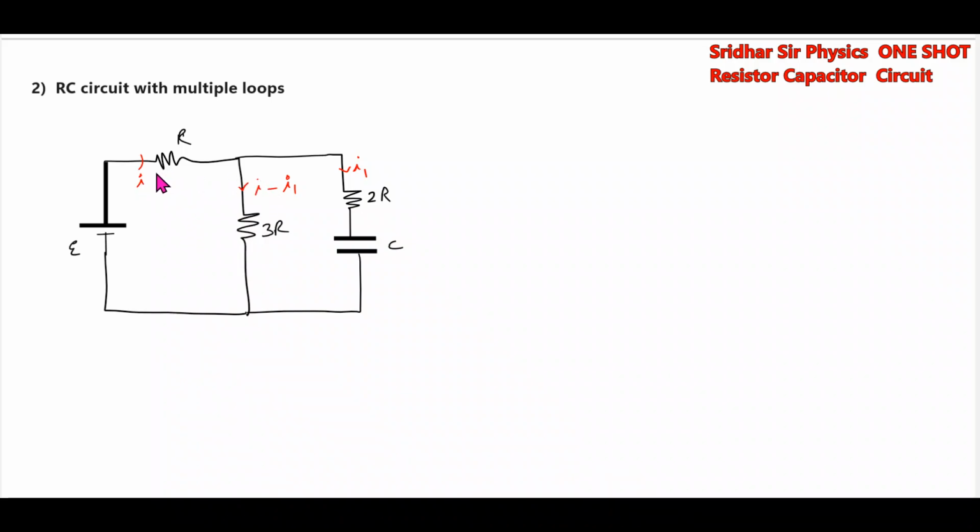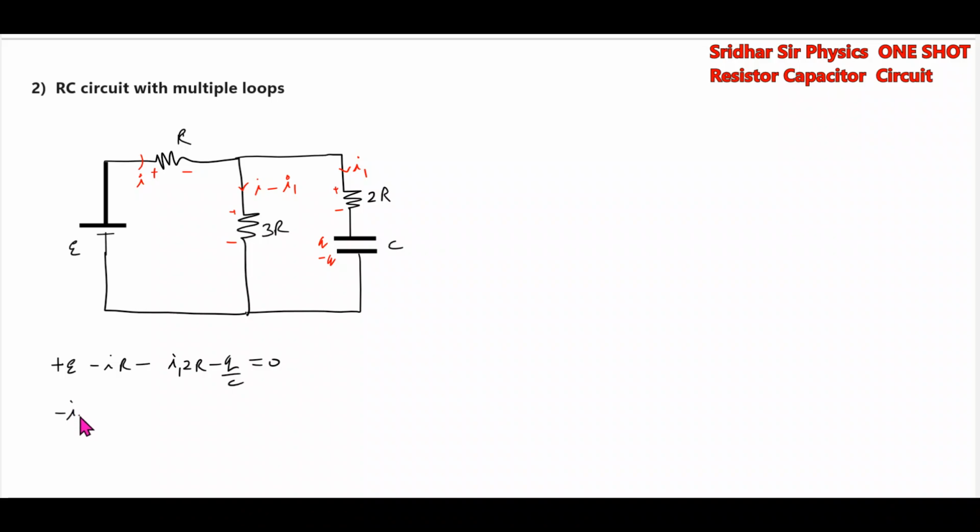You can write the loop equation where current enters positive, where it leaves negative. Like this, you give polarity. At any instant of time, let the charge across the capacitor be Q. Write KVL: using this path, E minus IR minus I1 into 2R minus Q by C equals 0.